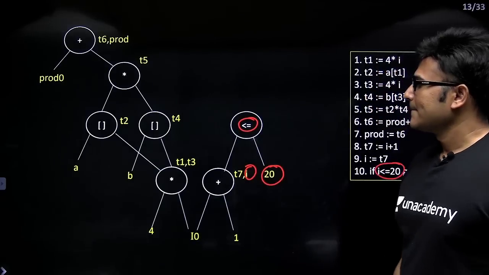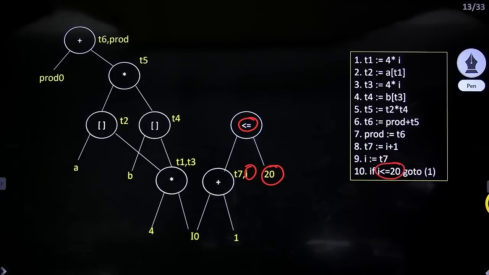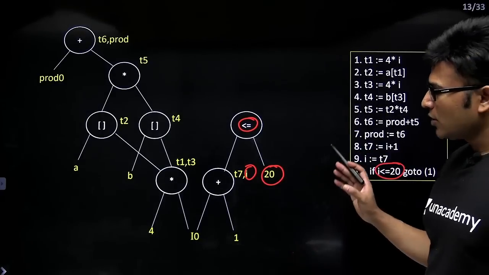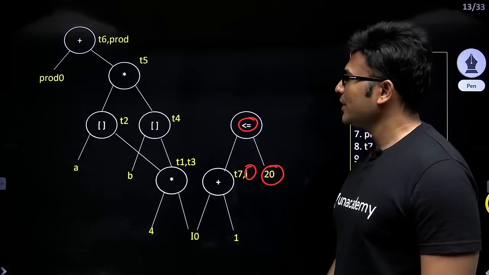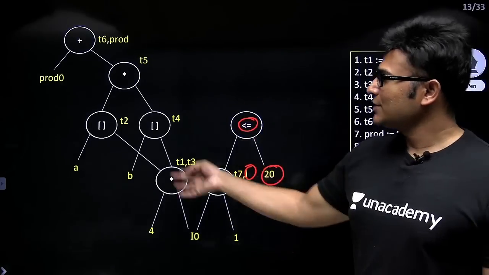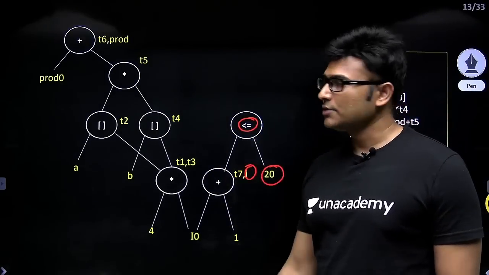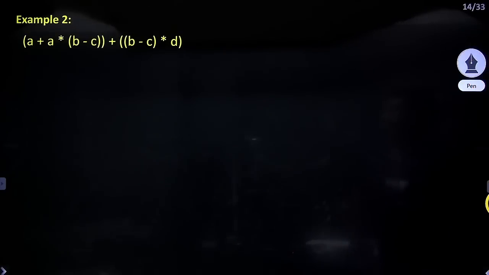Okay, this is the DAG, right? Clearly once you make the DAG, then you are not going to have any sub expressions. Okay, so we'll see more examples about DAG. You'll be able to understand it. If you are not able to understand this one, don't worry about it. We'll see more examples.